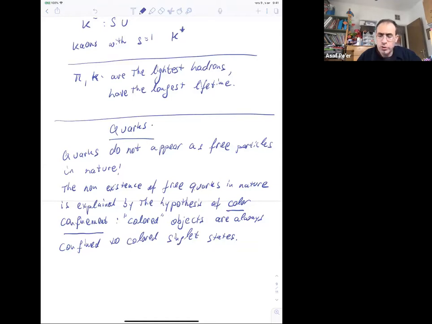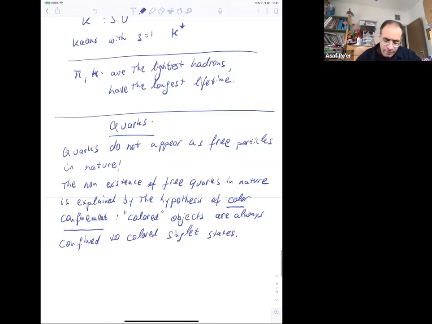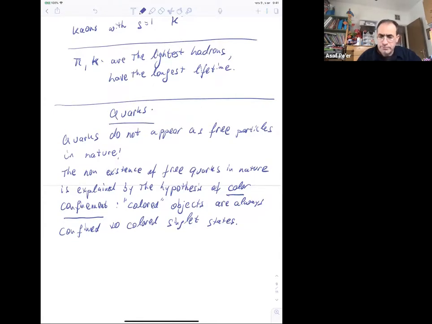So in any observed hadron, the quarks are organized such that the hadron is color neutral. The basic analogy is the atom, which is always electrically neutral. Heuristically, you can argue that the colors of each quark cancel each other.